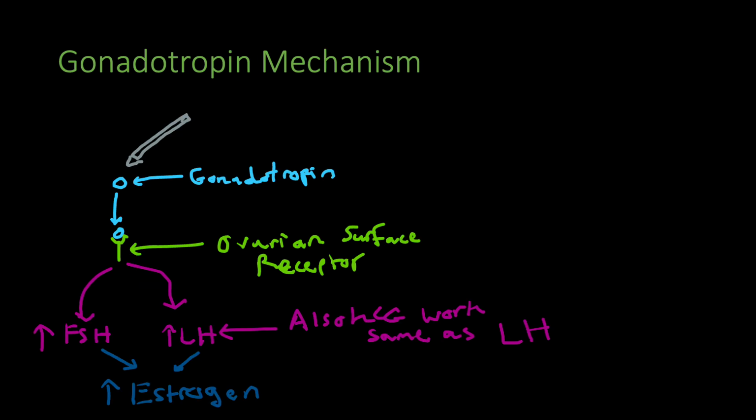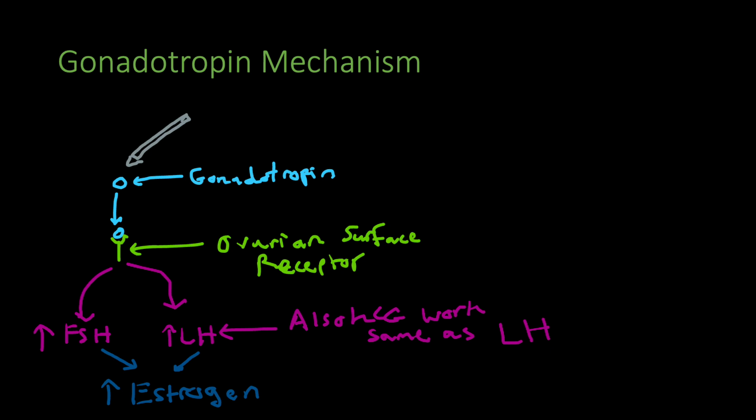Gonadotropin, I briefly already talked about this, but this one binds to the cell surface receptor, and then basically increases the FSH and LH, and then finally increases estrogen levels.